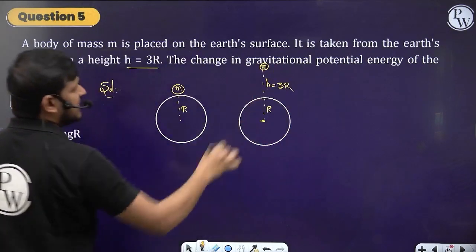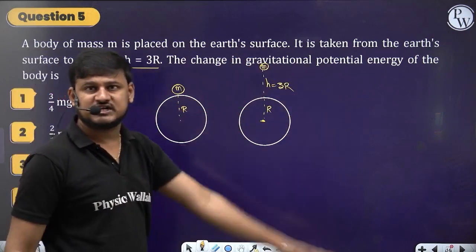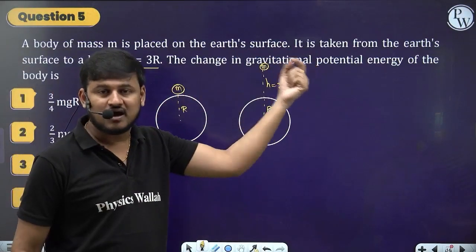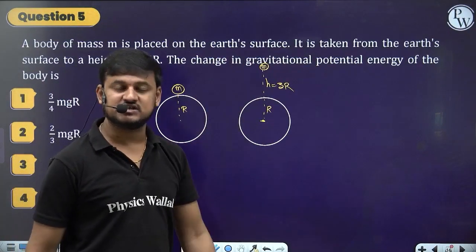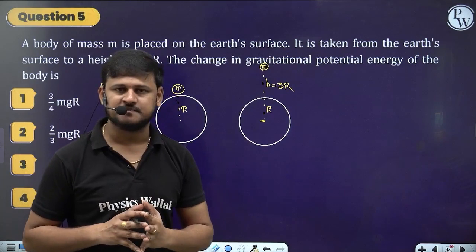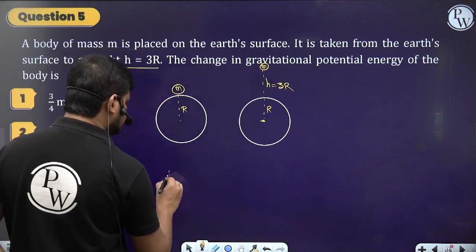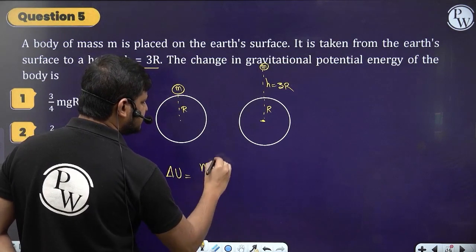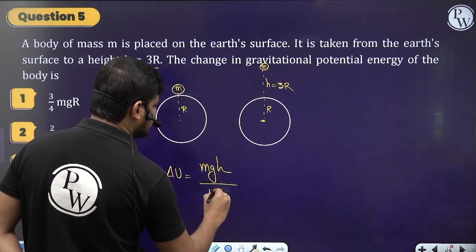So they are asking directly the change in gravitational potential energy. In the question they may frame it as what is the work done or what is the change in potential energy. The work done will be equal to the change in potential energy. So let's do it. Delta U is equal to mgh by 1 plus h by r.